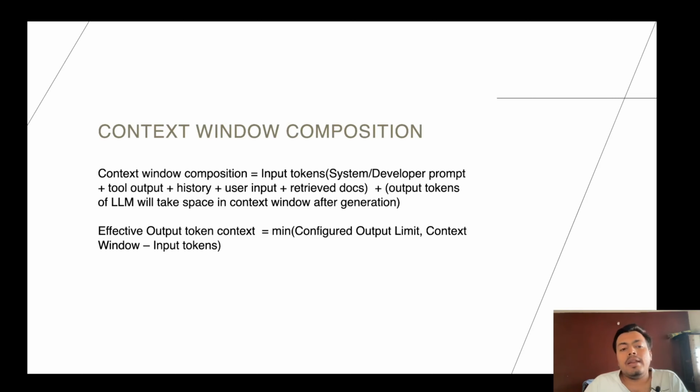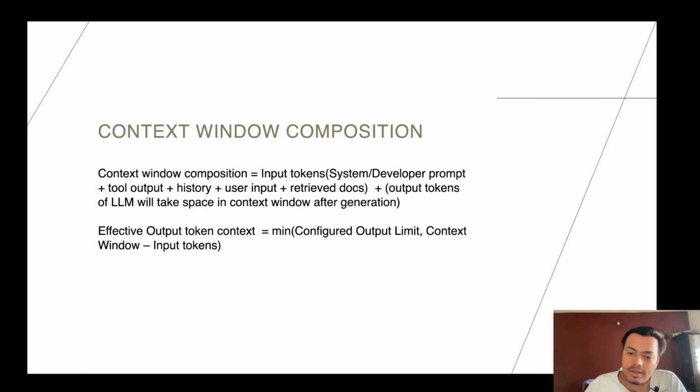Now we understood what the context window is made of. Now let's see how we start seeing such issues. The root cause can be across the developer prompt, our tool outputs, history, user questions, and retrieved docs, because these are things in our control.